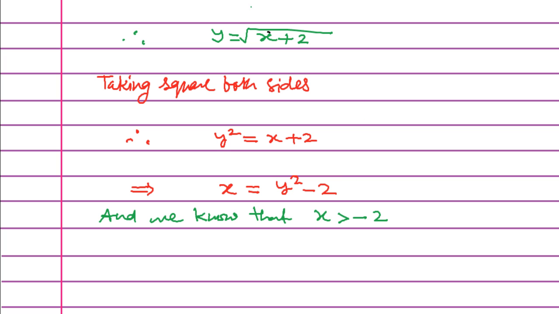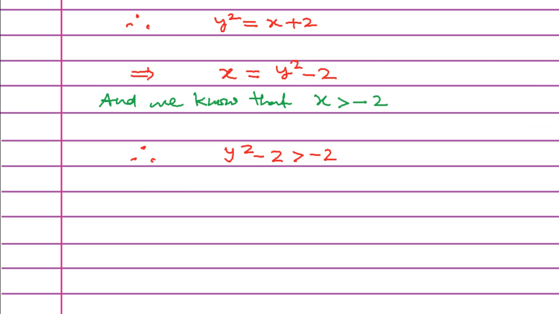Therefore y square minus 2 is greater than minus 2. Therefore y square is greater than 0. So we get y is greater than 0. Y is a real positive number.